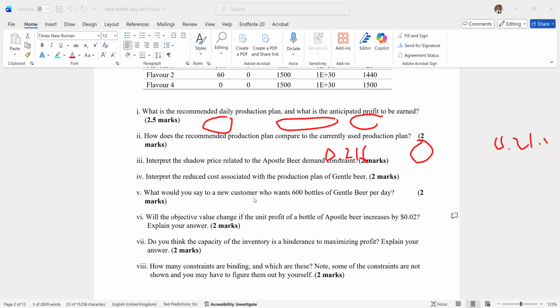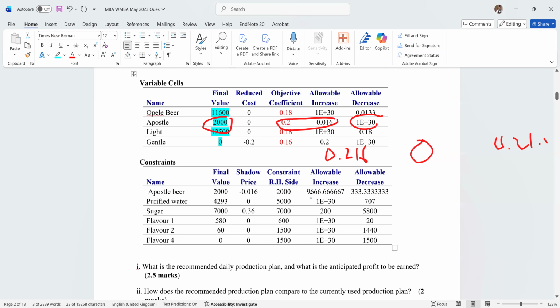Inventory, flavor 3. Inventory is not binding. You are looking at your Excel, right? Just look at the one on the screen here.